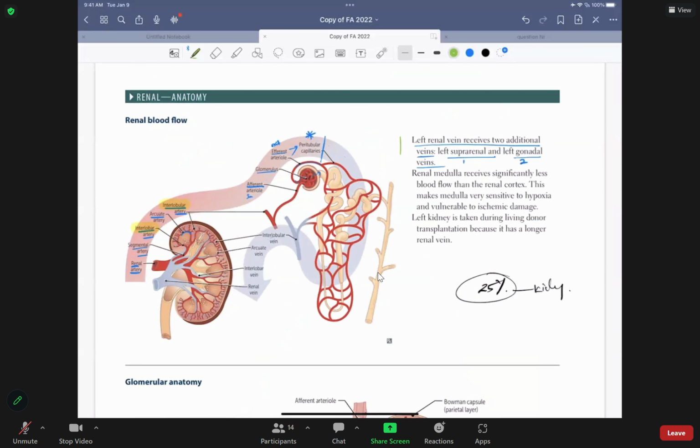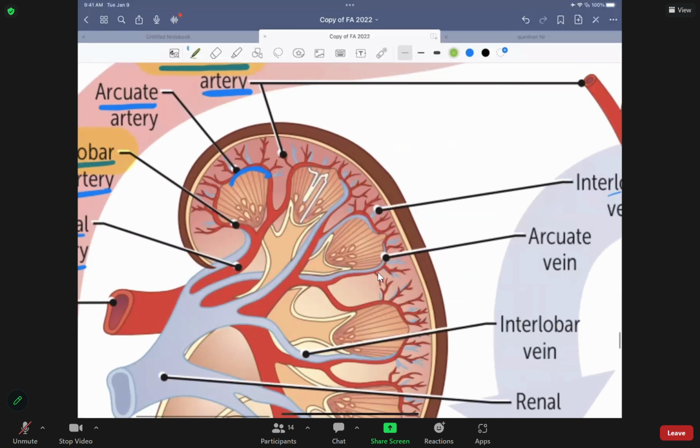Now, the other part, the kidney has two areas. This is called medulla. Let me use a different color. This is called medulla. This is called cortex. You tell me, where do you see more blood flow? Towards the cortex or towards the medulla? Most of the branches are in the cortex, isn't it, folks? So that tells you the cortex receives more blood flow or more oxygen than the medulla.